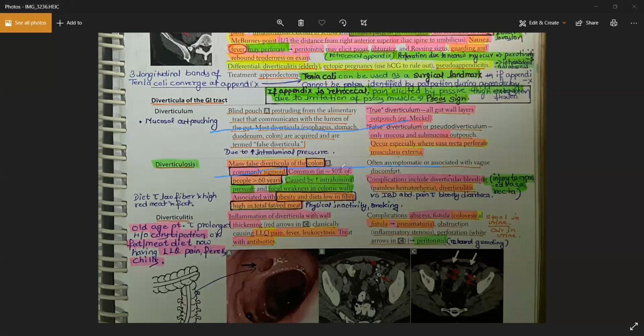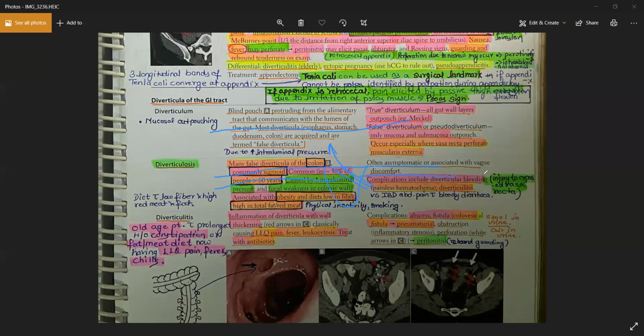And this is the site where the vasa recta perforates the muscularis externa. So if a diverticulum is formed at this site, you can see the vasa recta will be perforated also, and the bleeding can happen, right? So a GI bleed can happen because of injury to the vasa recta from this outpouching, okay?